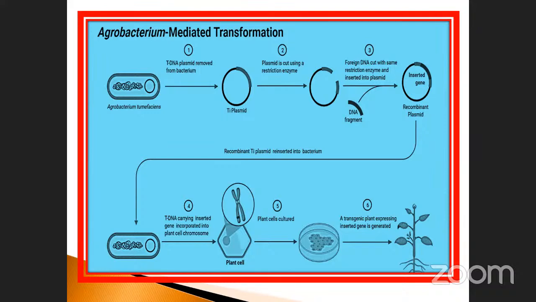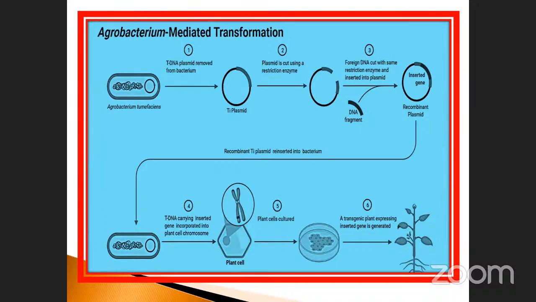We cut this tumor-inducing plasmid with the help of a restriction enzyme at this part. As a result, we will get a fragment from this portion. The restriction enzyme cuts only at the polylinker sites, this portion. Cut and removed it.